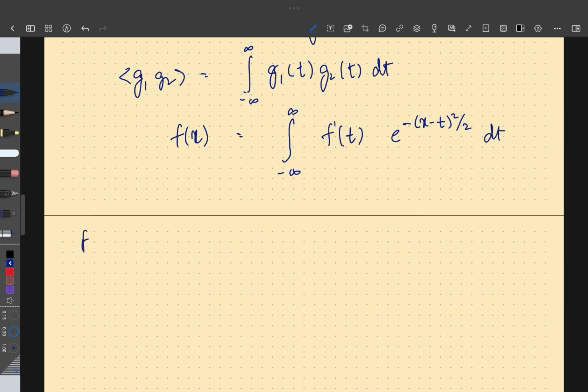Okay, so another fact is, for an RKHS, the kernel is unique. So every RKHS has a unique kernel.